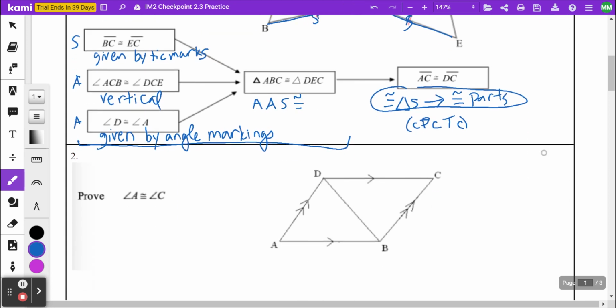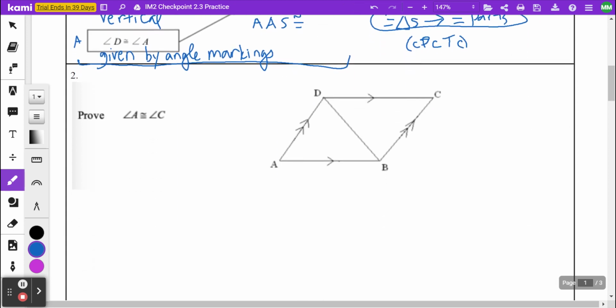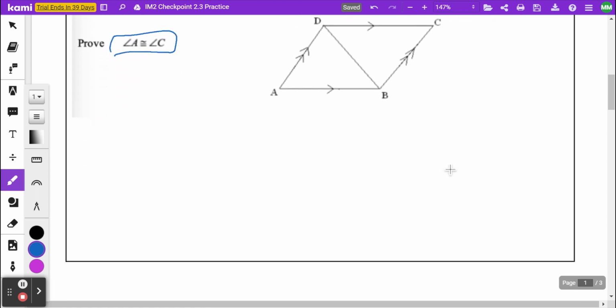Let's continue. Okay, this one's harder because I have to make my own design, but the structure should end the same. I'm trying to prove that these angles are congruent, and I'm going to use CPCTC for that.